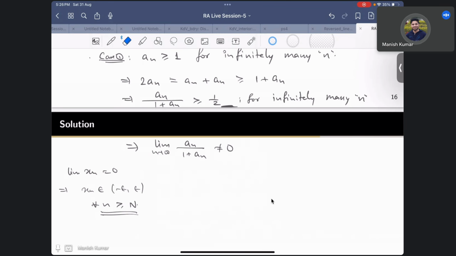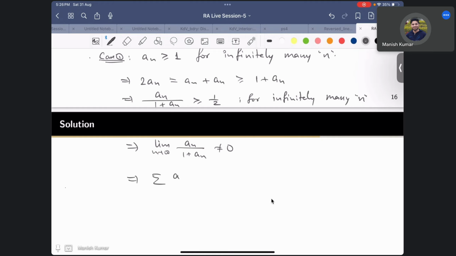I'll tell you another way maybe. So this proves that the limit is not equal to 0, and this will prove that the summation of an upon 1 plus an is not convergent. So this series is not convergent, right? This is a necessary condition. I hope you know this: summation xn is convergent implies that the limit of xn is equal to 0.